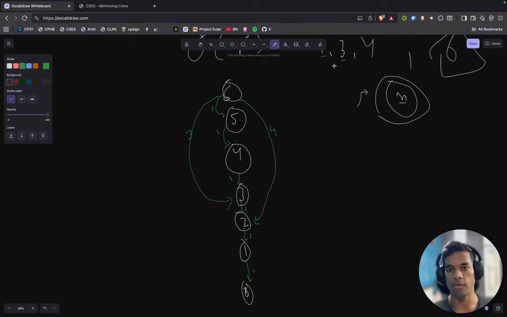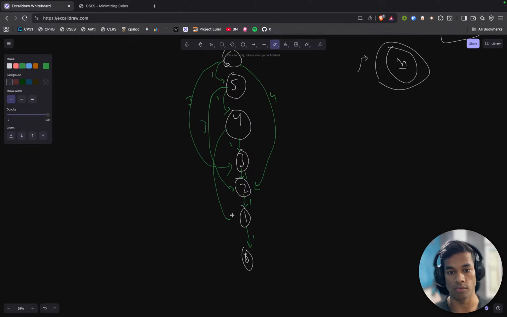For 3, when we chose 3, this would depend on 2. When we chose 3 here, this would depend on 1. When we chose 3 at this, it would depend on 0. And we cannot choose 3 when we have a subproblem of size 2. And when we choose 4 here at 5, this would depend on 1, and this would also depend on 0.